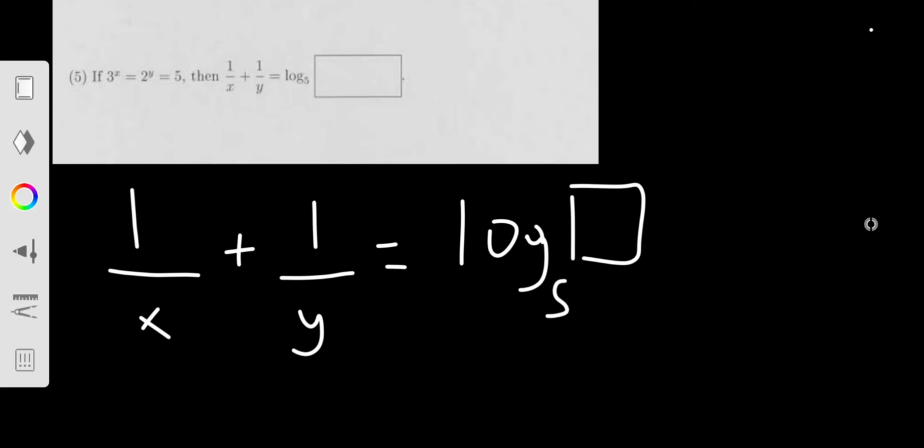And this is what he's asking. So this is our question, and the other part is information. So you need to review logarithmic properties, like when you multiply, when you sum, the basic logarithmic properties, to solve this and have some ideas.